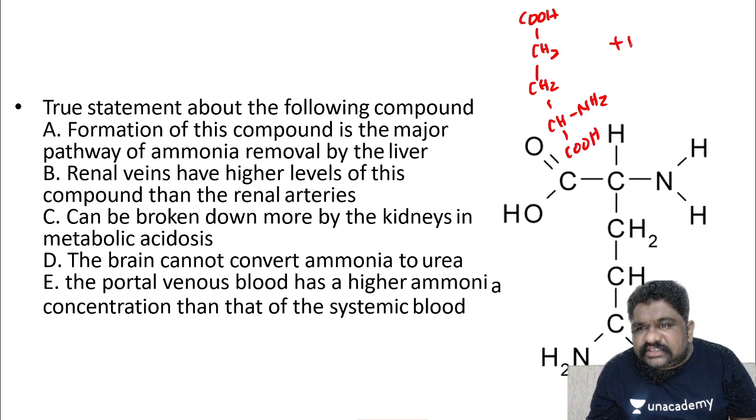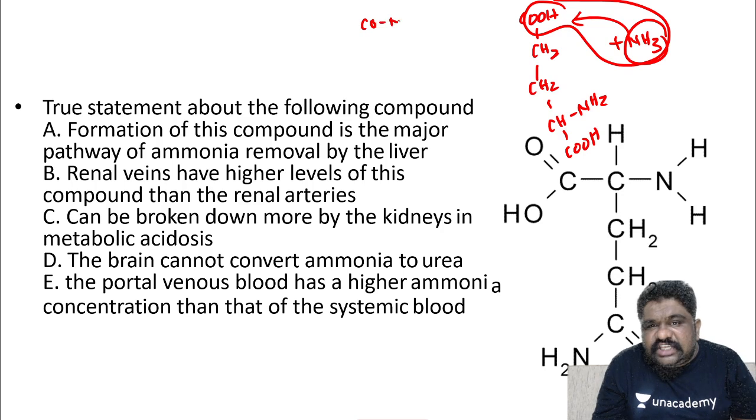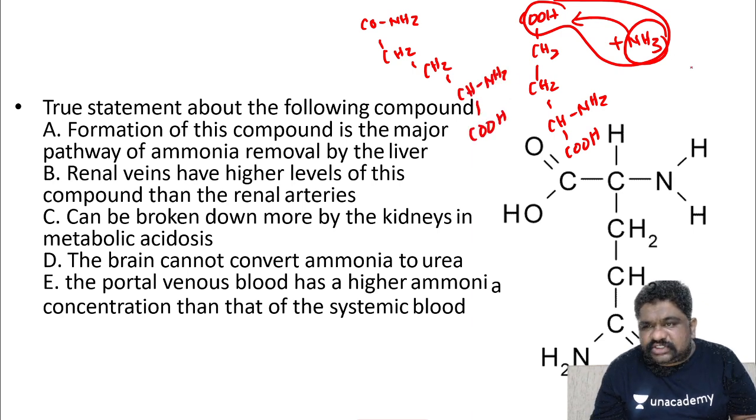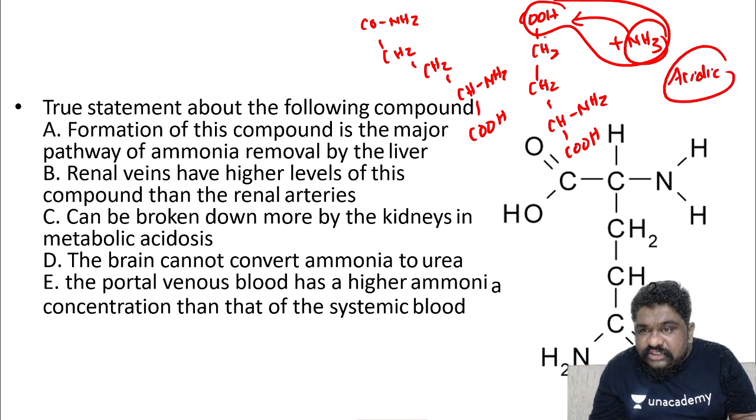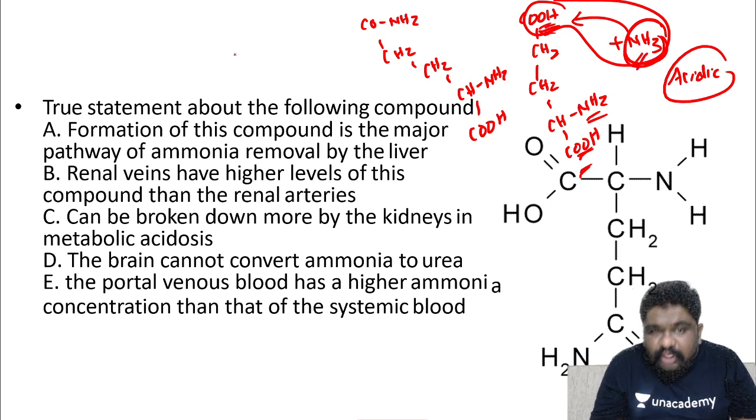If I add the next ammonia here, it will make a bond here to form the amide bond. So that becomes CONH2, CH2, CH2, CHNH2 and COOH. I told you just now, glutamic acid is an acidic amino acid because the number of COOH groups is more than the amino groups. But the moment an ammonia has been added, the number of nitrogens equals the number of carboxylic groups, and that converts it into a neutral amino acid.